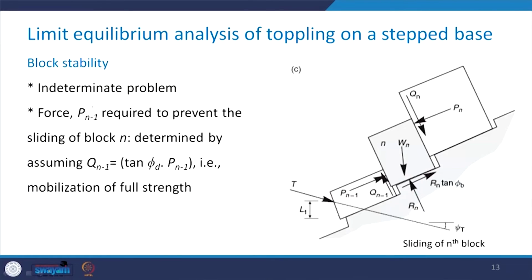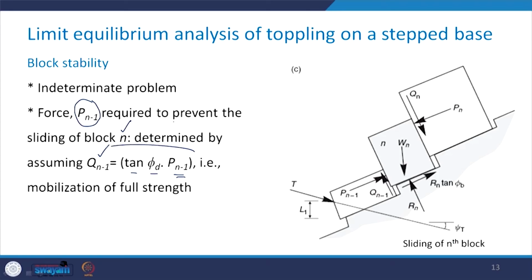The assumption which is involved here is that force Pn-1, which is required to prevent the sliding of the nth block, is determined by assuming Qn-1 to be equal to tan phi_d into Pn-1. That means it is assumed that there is full mobilization of the strength that is going to take place, because if that full mobilization is not there, this condition will not be satisfied.